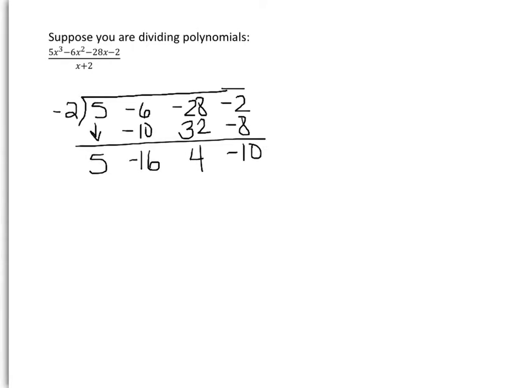So we write this answer as 5x squared minus 16x plus 4 minus 10 over x plus 2.